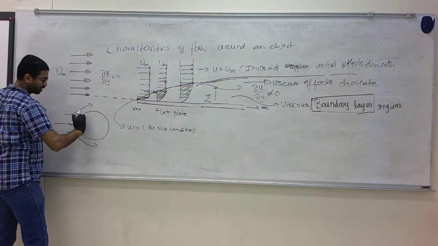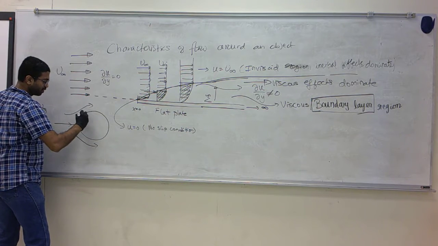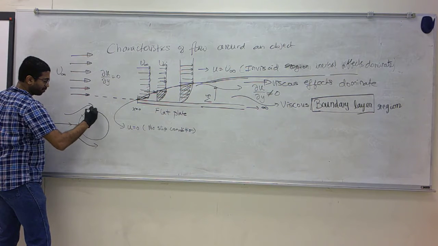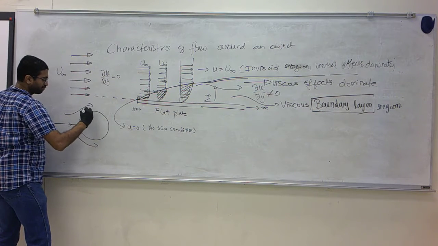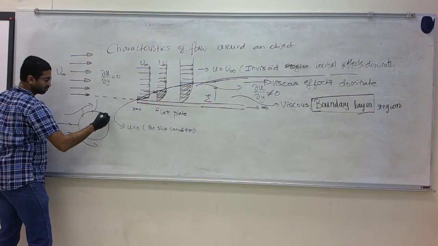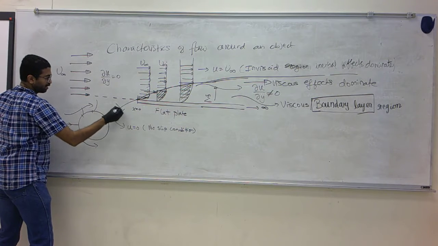On the surface of the sphere, you have a boundary layer development where the flow becomes progressively more viscous.